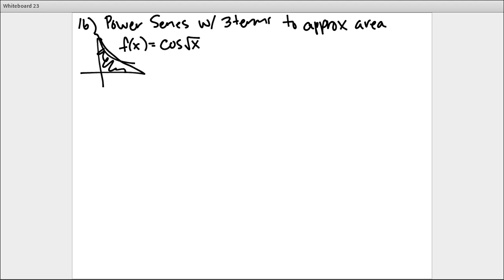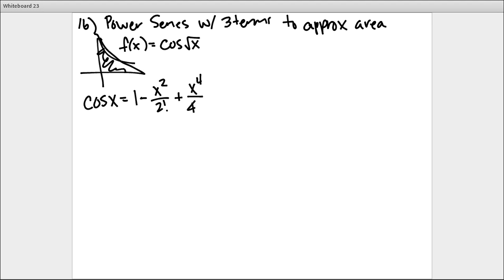So what are you going to use? You are going to use the power series you know for cosine, right? We know the parent series for cosine of x is 1 minus, it's all the even powers.